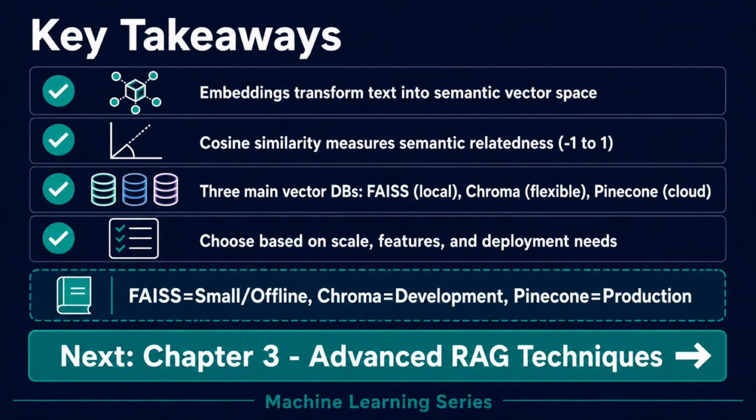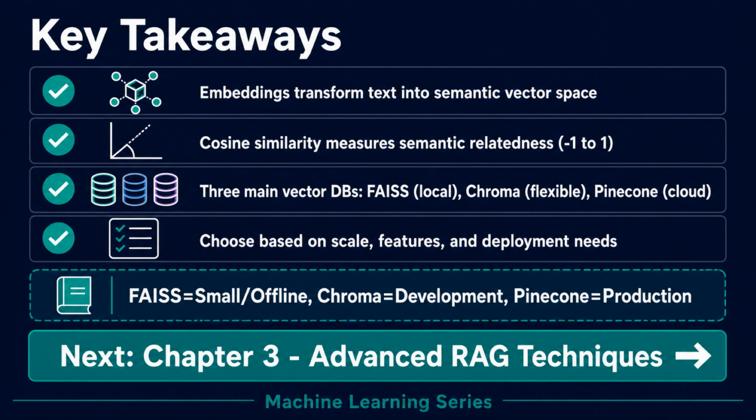Let's recap Chapter 2's key points. First, embeddings transform text into semantic vector space where similar meanings cluster together. Second, cosine similarity measures relatedness on a scale from -1 to 1. Third, you have three main vector database options: FAISS for local and offline use, ChromaDB for flexible development with metadata support, and Pinecone for managed cloud production.